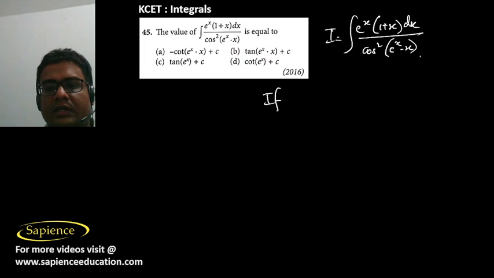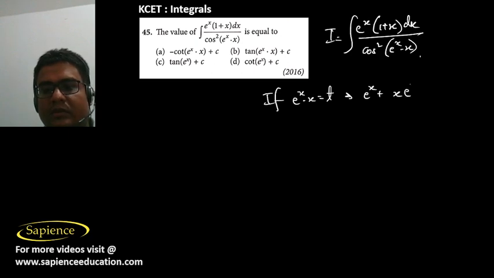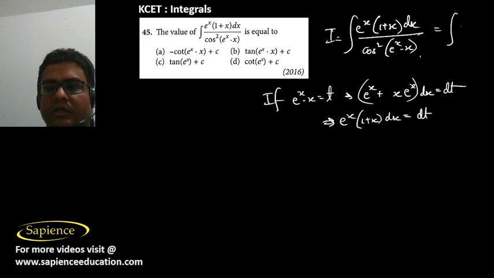If I take e power x into x as t, then e power x plus x into e power x dx is equal to dt. So e power x into 1 plus x dx is equal to dt. This integral can be written as integral dt by cos square t.